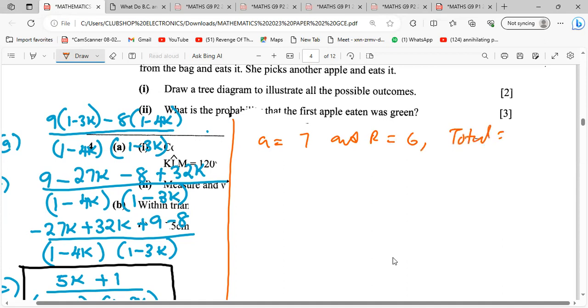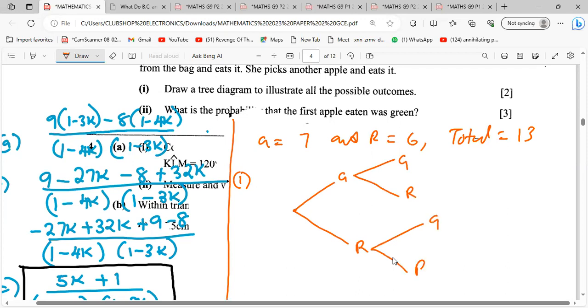Total is 13. Now we want to draw the tree diagram. So we come up with a diagram with 2 branches like this. This is green and this is red. Since there are 2 selections, on each we produce 2: green, red, green, red.